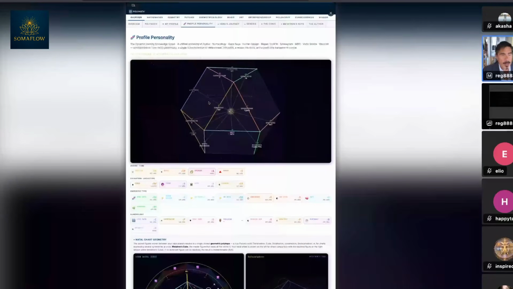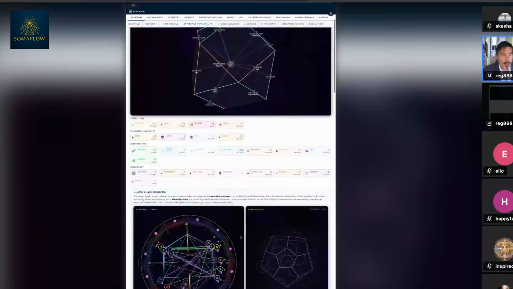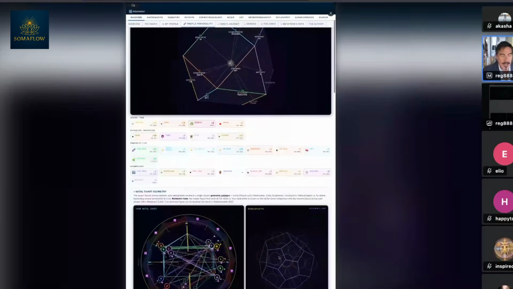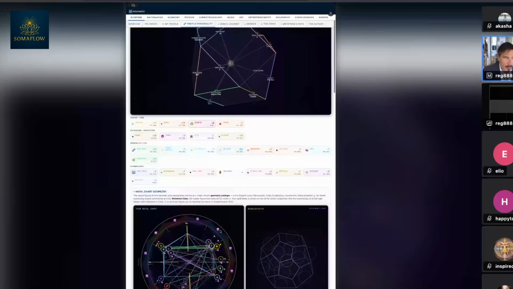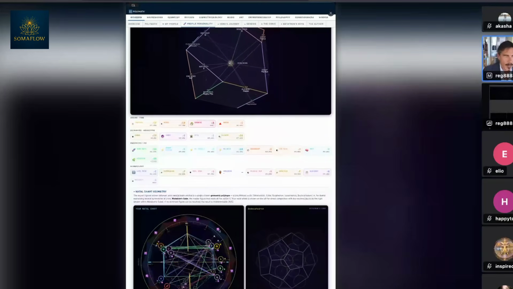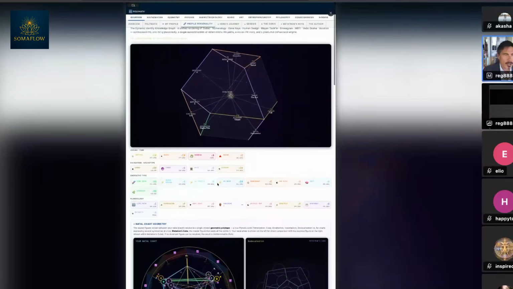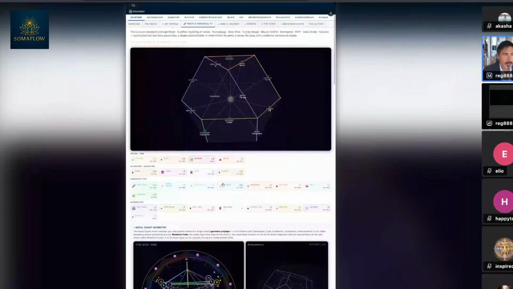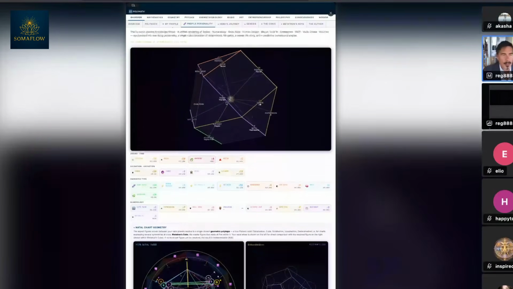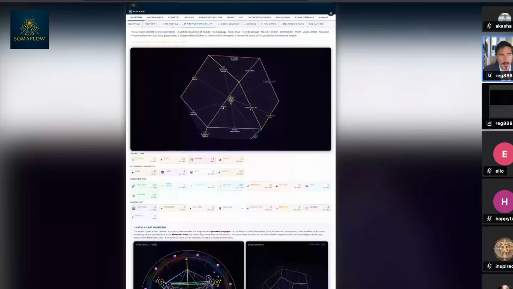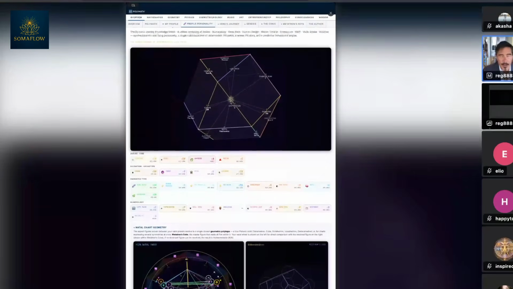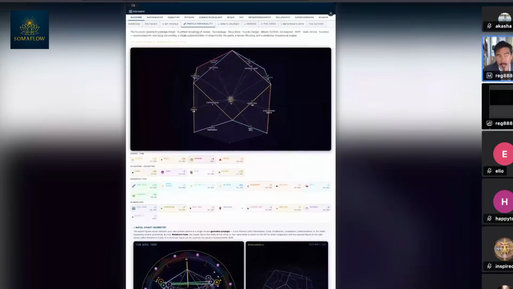associated with each of these placements. So this is my natal chart, and it tells me that it's got connections to the dodecahedron. Everyone generally has different ones. Obviously, there are not that many platonic solids to choose from, but it will associate one to you. And what this is doing is working under the thesis that when we're born, we don't get to choose our name. It should be our birth name that we didn't choose.